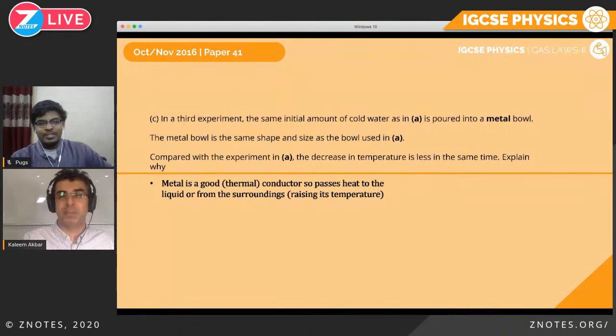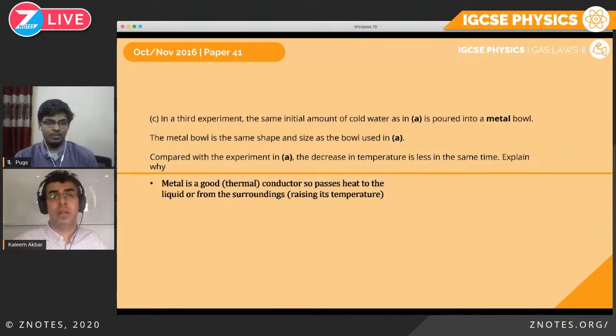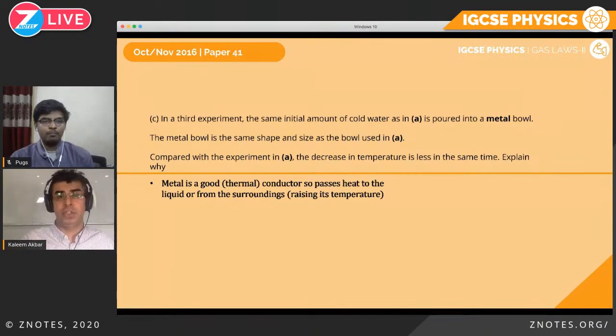Well, if I'm sweeping some of it back inside, in the analogy, the temperature's going back up. So whilst the evaporation is trying to cool it down, the temperature is actually increasing again because heat is being gained from the surroundings, from the metal container, because it's a good conductor of thermal energy.